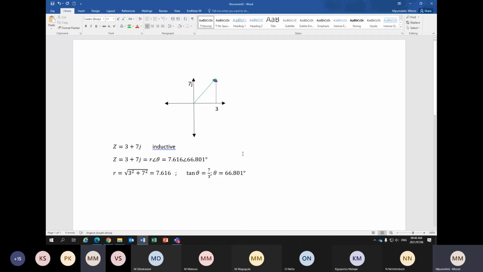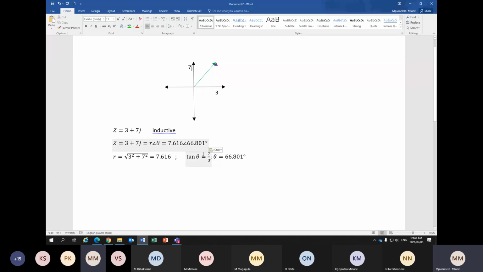Now, the angle of the impedance is positive.